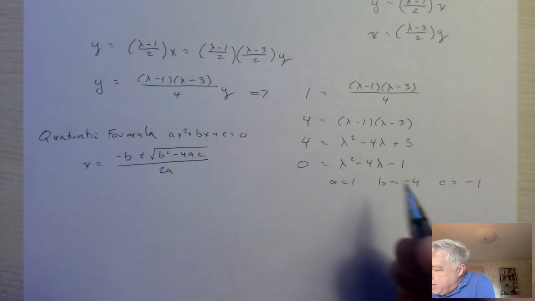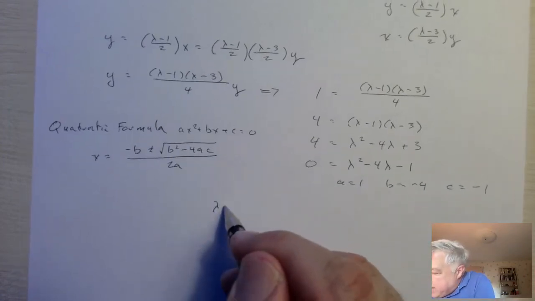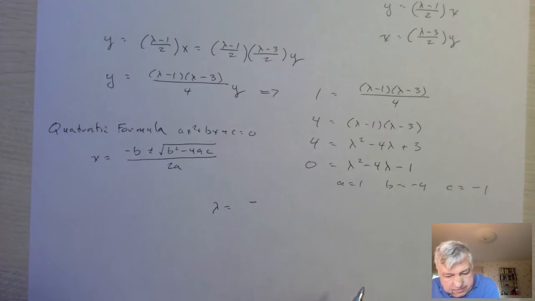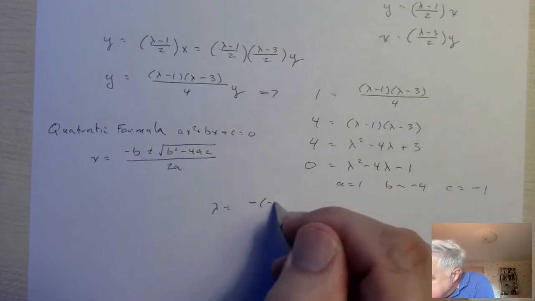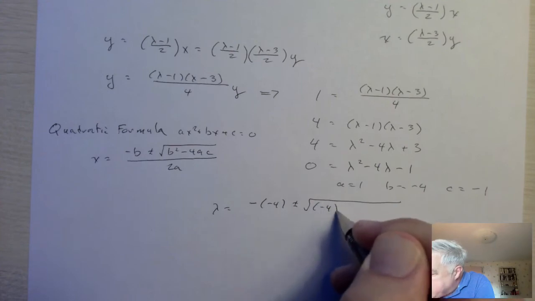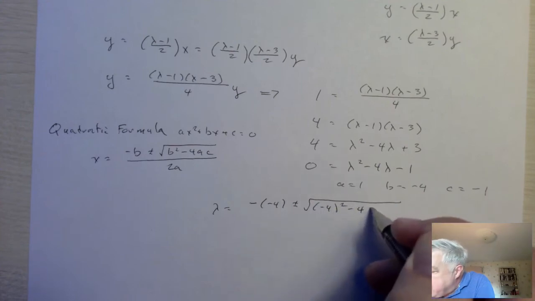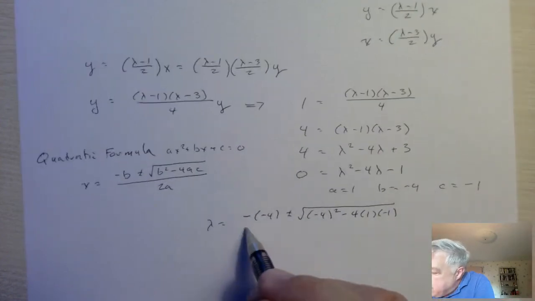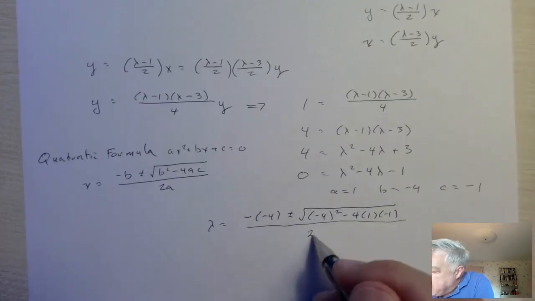And plugging this in, we'll see that lambda has to be minus (negative 4) plus or minus the square root of (negative 4) squared minus 4 times 1 times negative 1, all over 2 times 1.